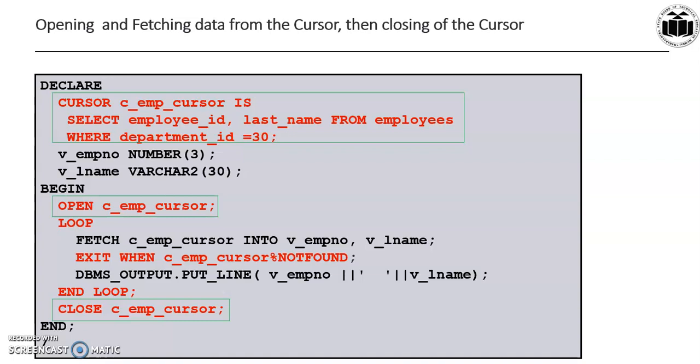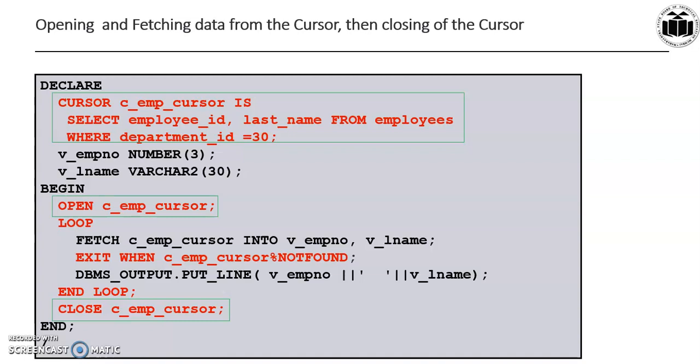is true. That means when the active set is empty, there is no record to fetch. At that time, we need to terminate this fetching operation. That's why we need to add this condition. So here cursor name %NOTFOUND is an attribute of the explicit cursor.